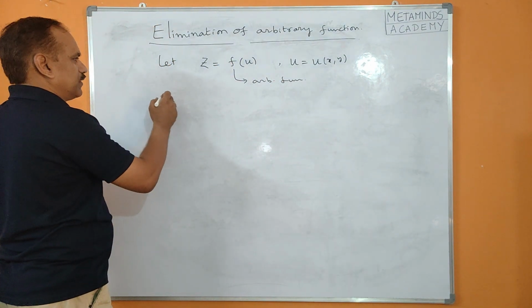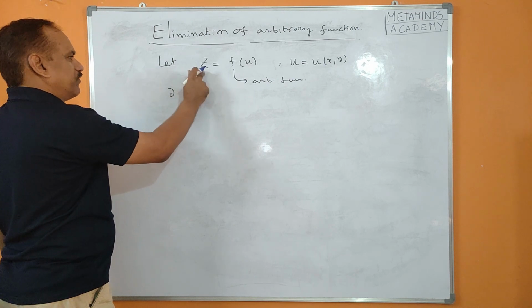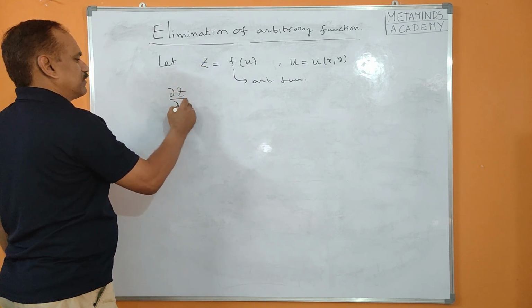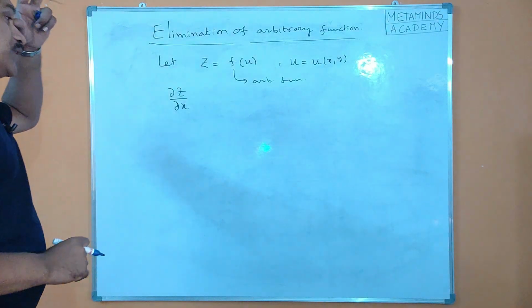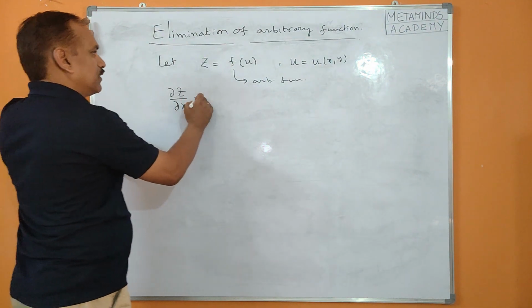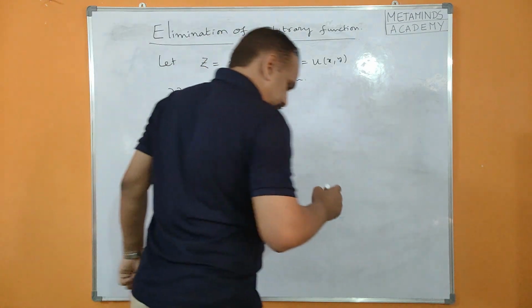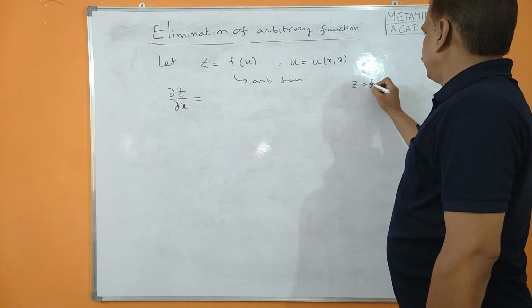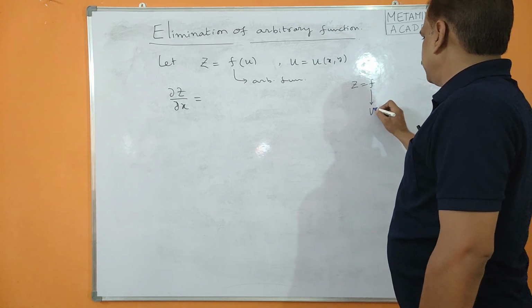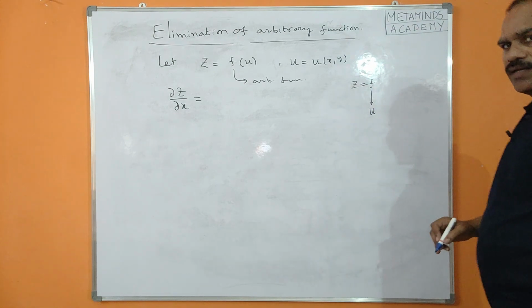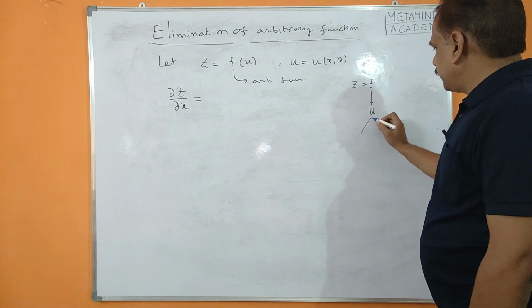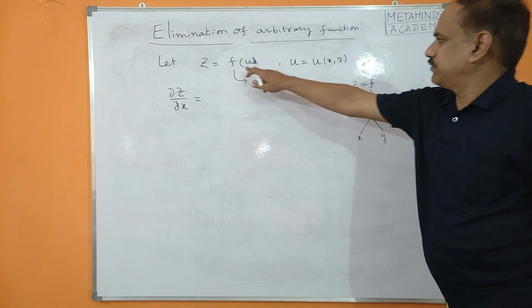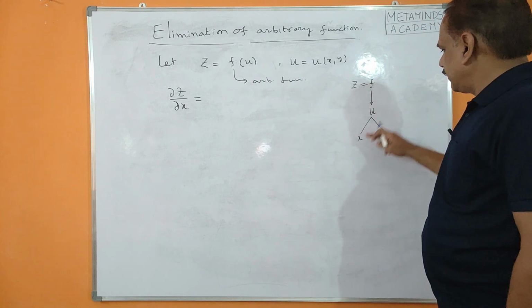So how to eliminate? The concept is to differentiate the given equation by x partially. The main important concept here is z is actually equal to f, f is a function of u, and u is a function of x and y.